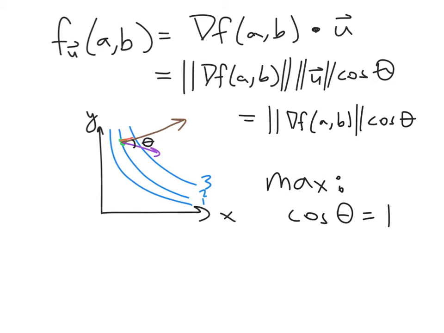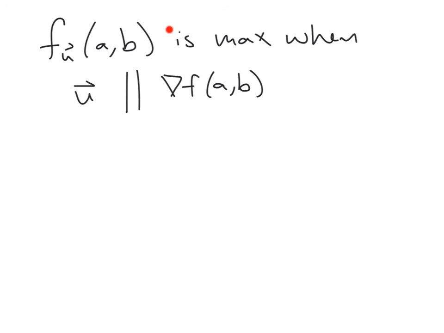That means we maximize the directional derivative in the specific case where the direction in which we're computing it is completely aligned with the direction of the gradient vector. So the directional derivative is maximized when the direction is parallel to the gradient.